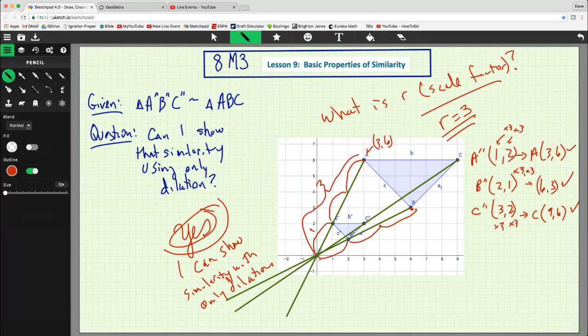Okay, so that was a lot. That was definitely a lot of information, a little bit of gnarly work that we had to do to show similarity between a smaller triangle and a larger triangle, especially when we couldn't just dilate it. We had to dilate it, translate it, and then twist it.